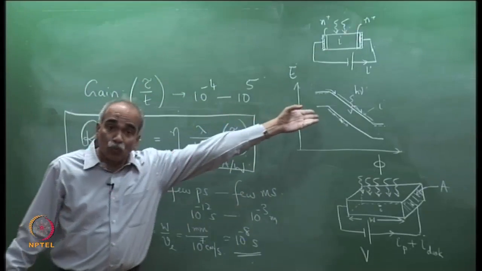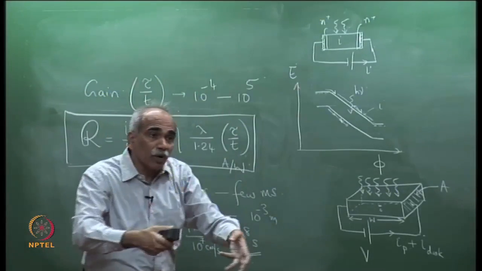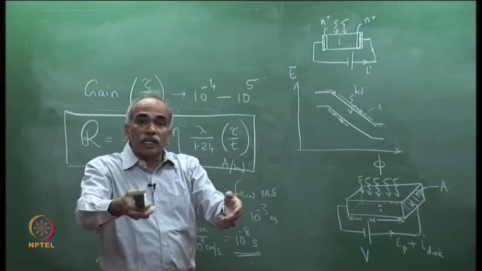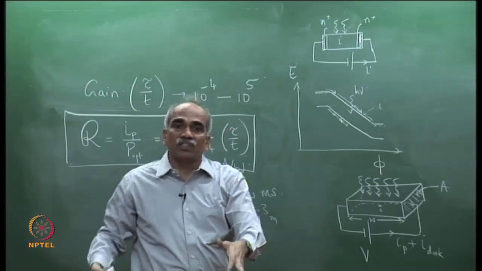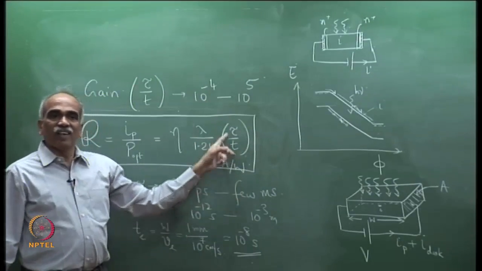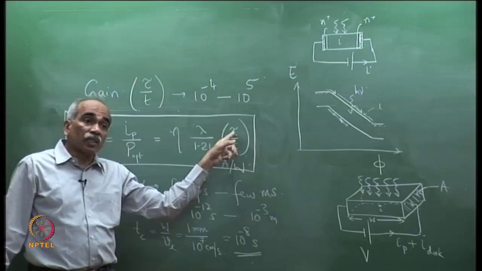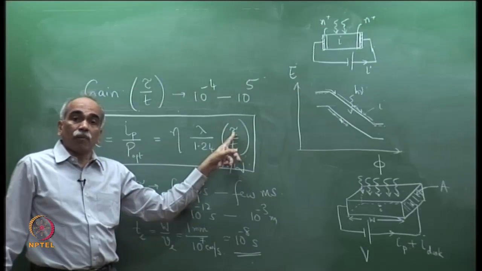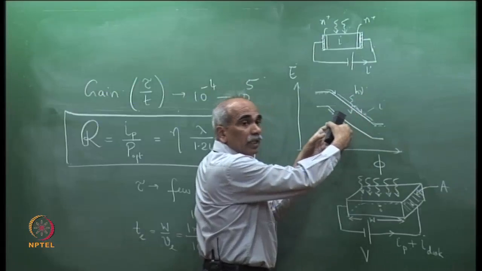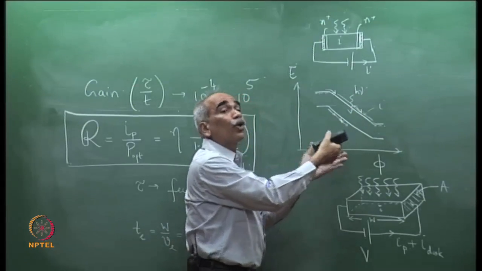We have discussed this with one photon. If you have a large number of photons, you can imagine that there is a big current in the external circuit, although there was just a burst. This comes because of a large carrier recombination time, which means the electron and hole are not recombining inside the semiconductor for a long time.